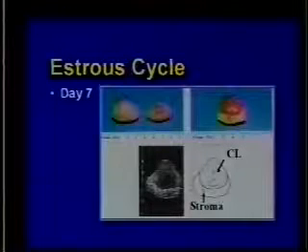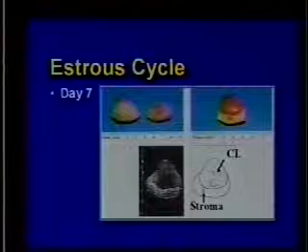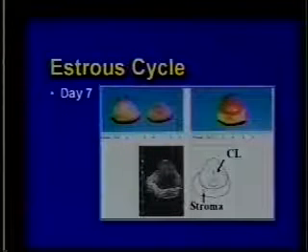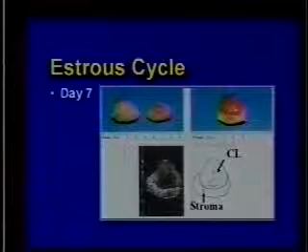And at this point, it is also mature enough to respond to the actions of prostaglandin F2 alpha that's produced by the uterus at the end of the cycle to regress the corpus luteum and diminish the progesterone concentration and initiate a new cycle. When the progesterone goes down, then the follicles can develop, grow quickly, and become ready for ovulation.